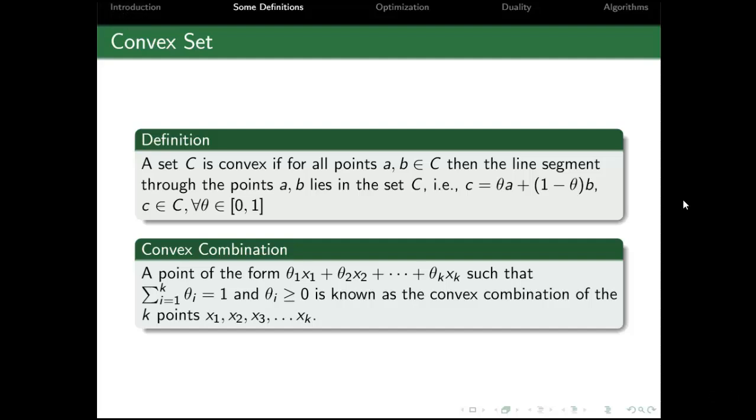A point of the form theta 1 x1 plus theta 2 x2 so on till theta k xk such that the coefficients sum up to 1 and the coefficients are non-negative is known as the convex combination of these k points.